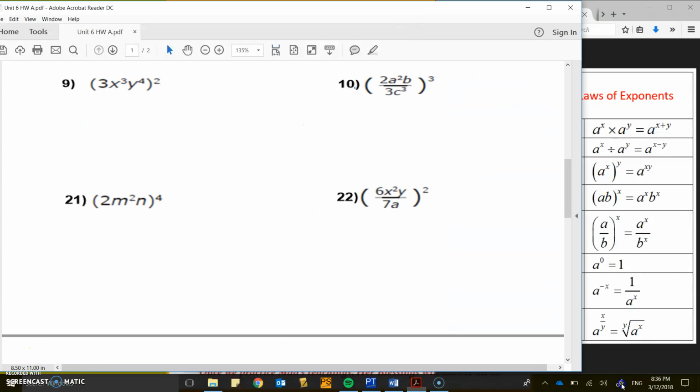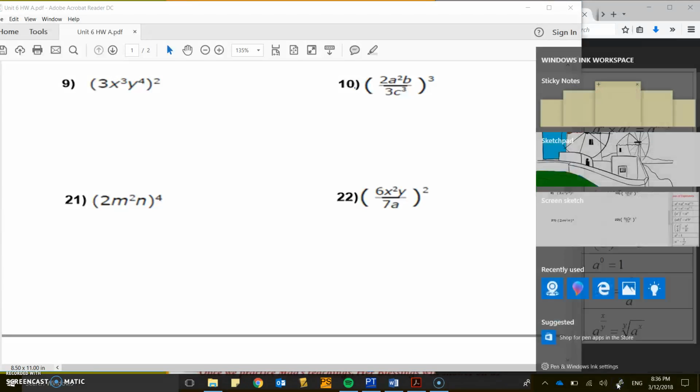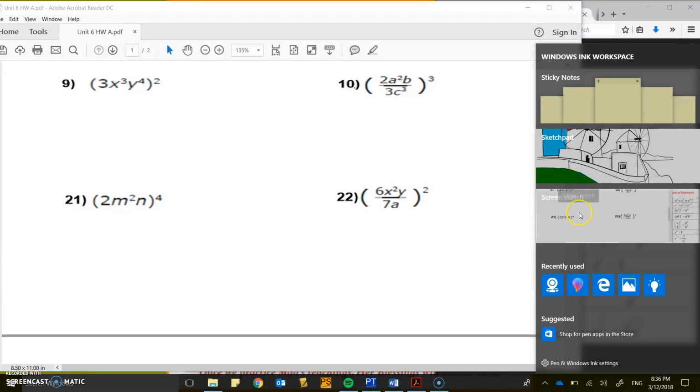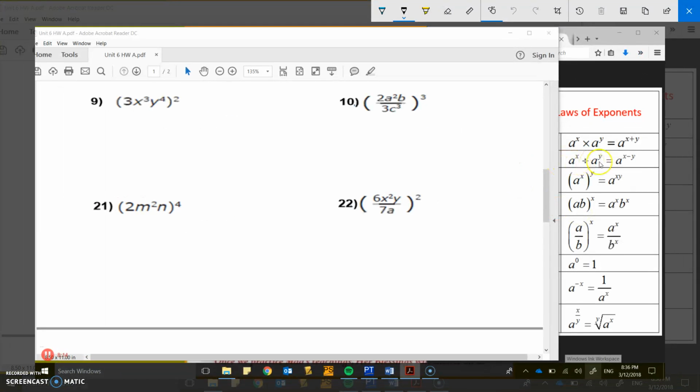Alright, now these are only slightly more difficult, although they look way more difficult. Number 9 is a power rule, because you've got all this stuff with bases raised to an exponent. So it's going to be like this one, and this one over here.